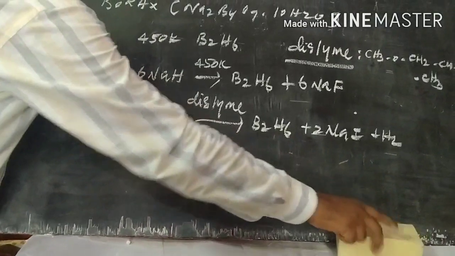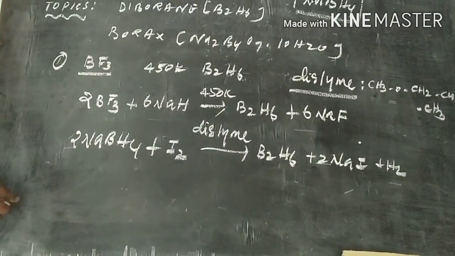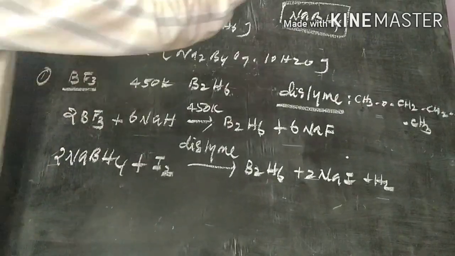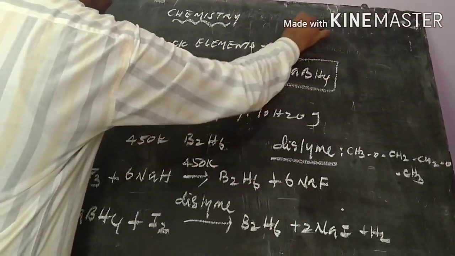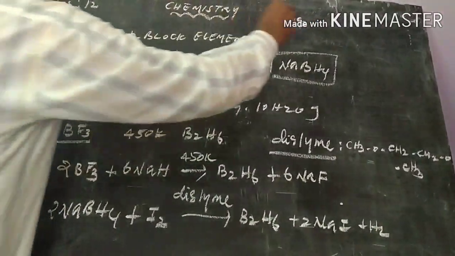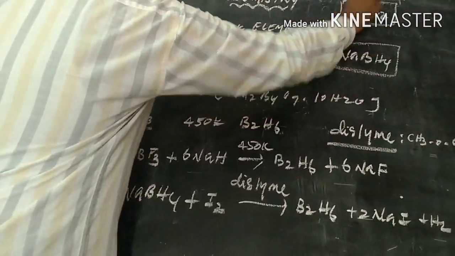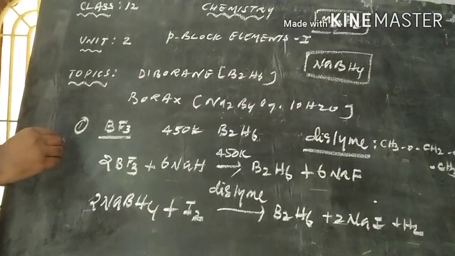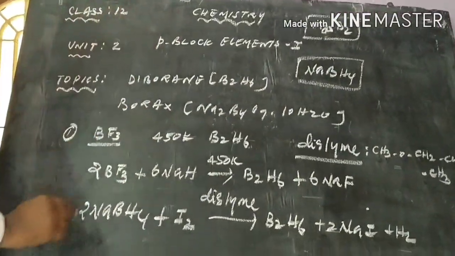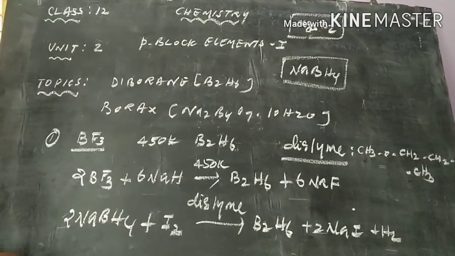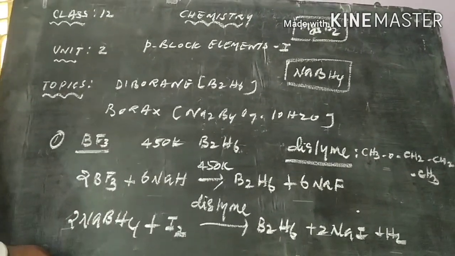The next one is heating magnesium boride. Magnesium boride formula Mg3B2. On heating magnesium boride with HCl, that is hydrochloric acid, a mixture of volatile boranes is obtained.